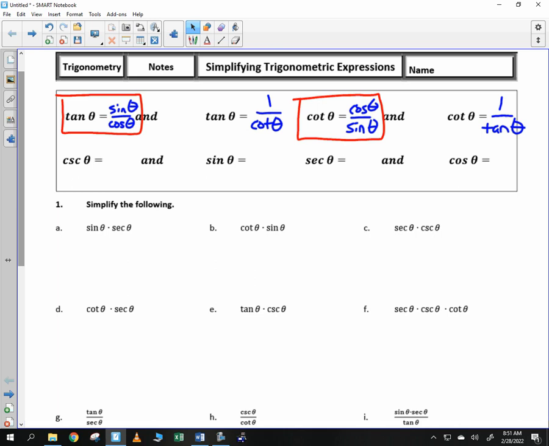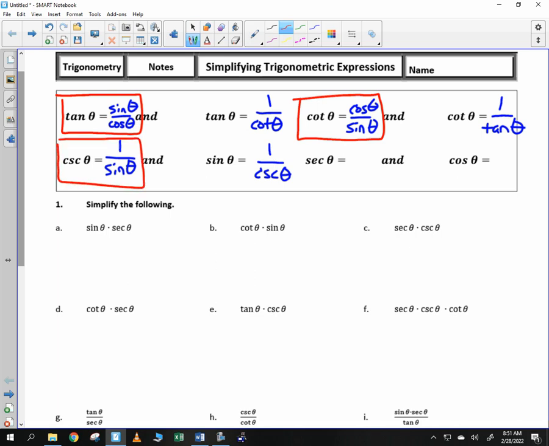Cosecant is the reciprocal of sine. It means 1 over sine of theta. And so sine is 1 over cosecant. Although both of those are true, this is what is really important that you're going to be using.